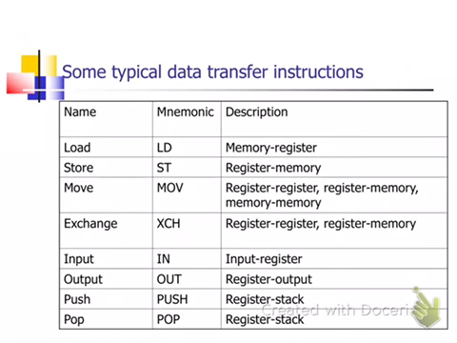Load is from memory to register. Store is from register to memory. Move is between register to register, register to memory, or memory to memory. Exchange exchanges the values of two registers, or the values of a register and memory. So these are some typical data transfer instructions.